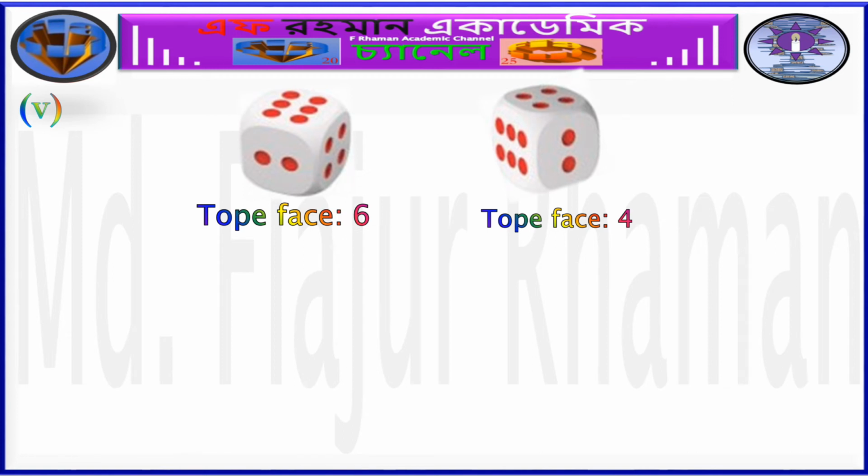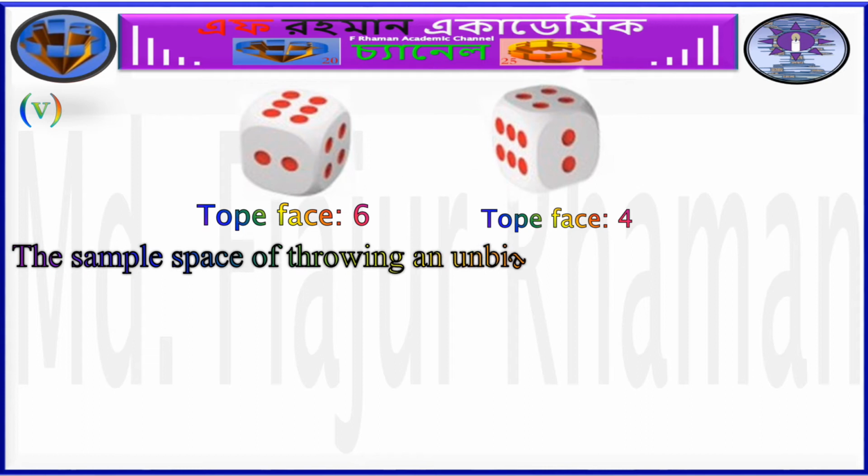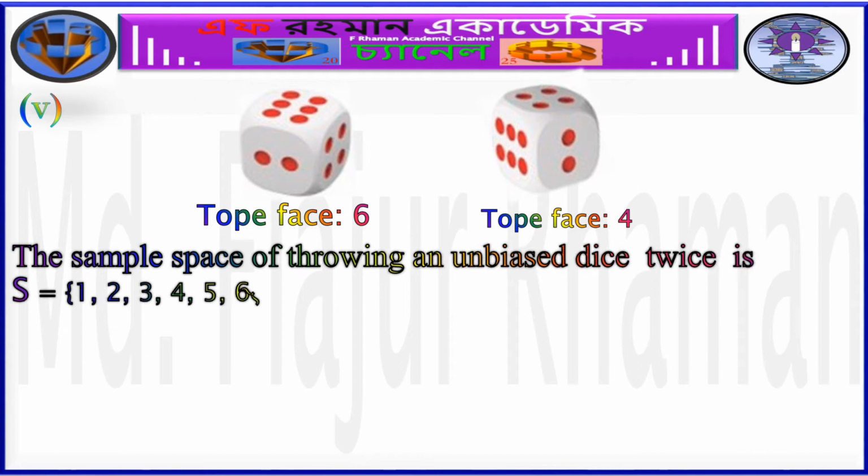Example 5. If both outcomes are numbers, then the sample point should be written down as an ordered pair. The sample space of throwing an unbiased dice twice is S equals {1, 2, 3, 4, 5, 6} cross {1, 2, 3, 4, 5, 6}.